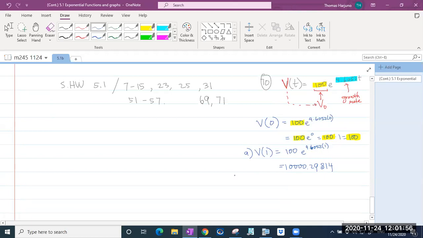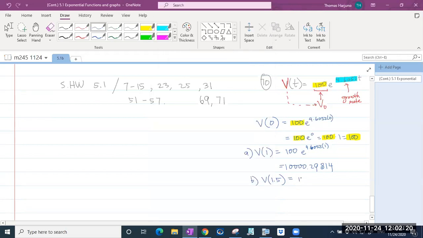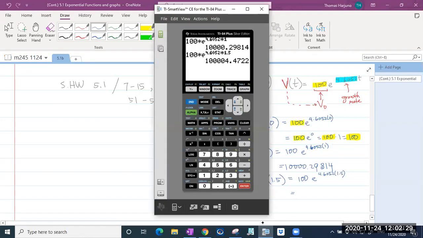Now, what happened in 1.5 hours? How many computers get infected? So going back to my calculator, that's 100 times e to the 4.6052 times 1.5. That should be a big number.